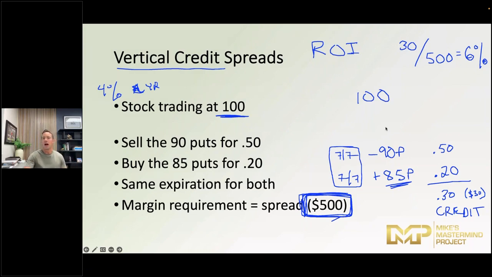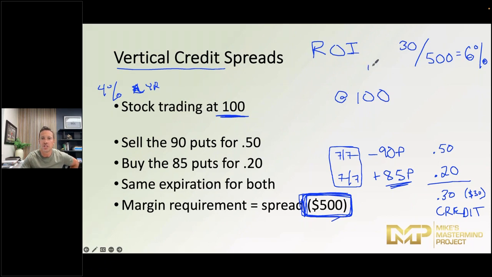So, all right, are we good on vertical credit spreads? Any questions before I clear this off? So we've got the money coming in, we've got the money going out. Overall, it's a credit. We're getting paid. And as long as our stock that's trading at 100 stays above 90, we hit our max profit.